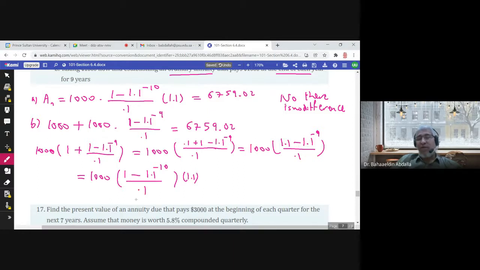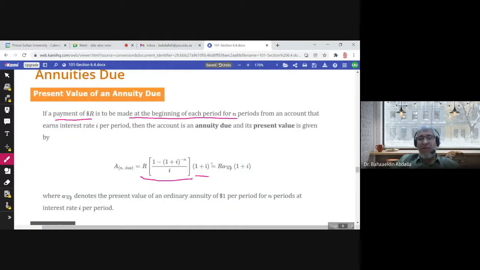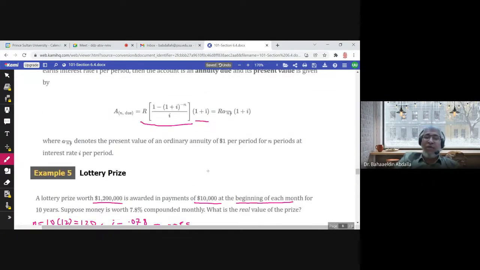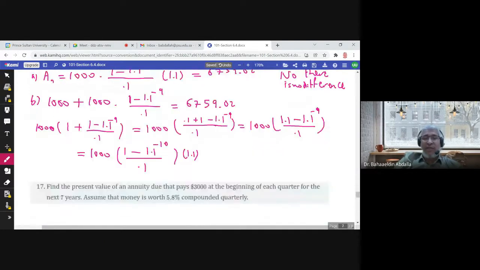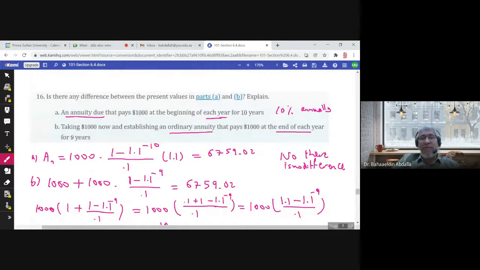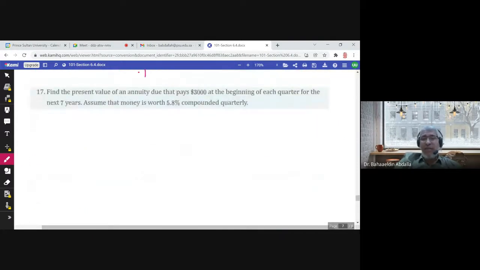So exactly this one, that's the same formula for A_n. That's why 1 plus i is here. You understand now why 1 plus i is here, because this exercise enables you to understand the difference between ordinary annuity and annuity due.